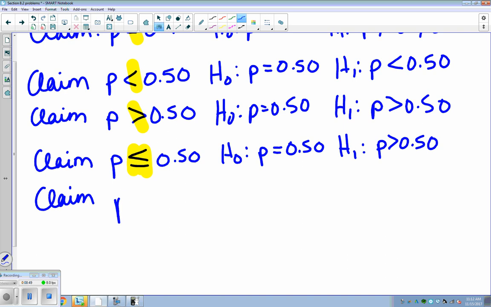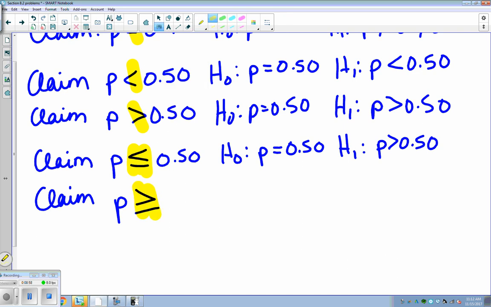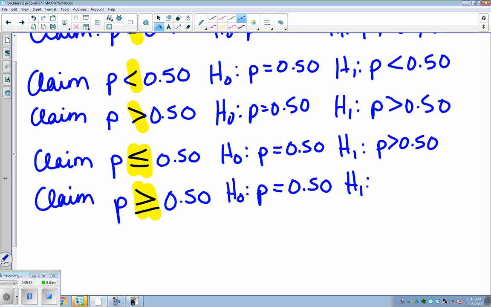So my claim being that the proportion is greater than or equal to, again, the null hypothesis has to be equal to. And my alternative hypothesis, because it has equal and greater than in my claim, I'm going to flip it and have no equality. So it's going to be that P is less than 0.05.